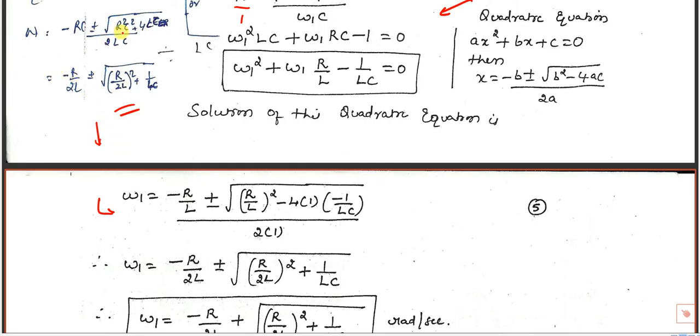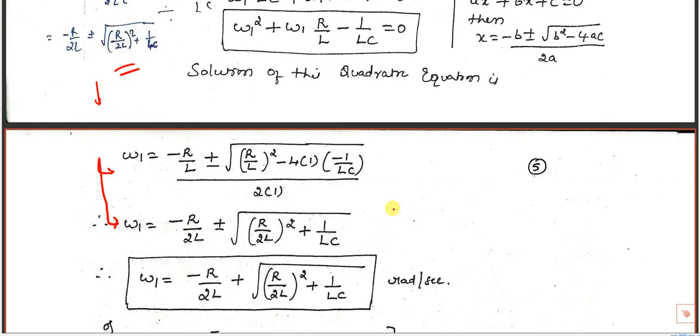Omega 1 is equal to, the C will get cancelled, R by 2L plus or minus root of R by 2L whole square plus 1 by LC.